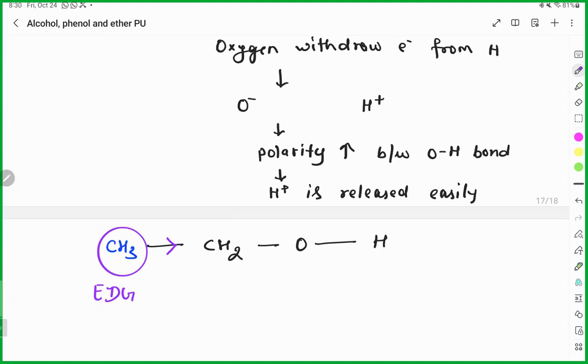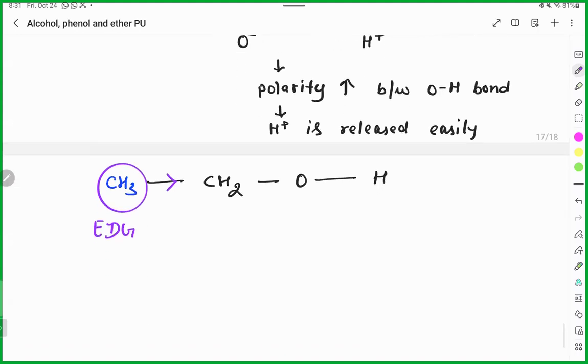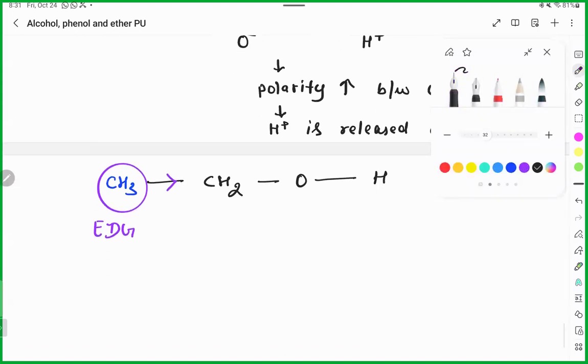Exactly. So acidic character is all about how this bond is there. If the bond is broken and H positive is released permanently, it means more acidic character. If the bond is strong, H positive is not released, acidic character is less. Make sense? So now you can make it shorter.